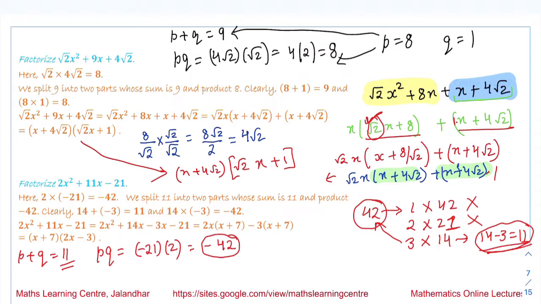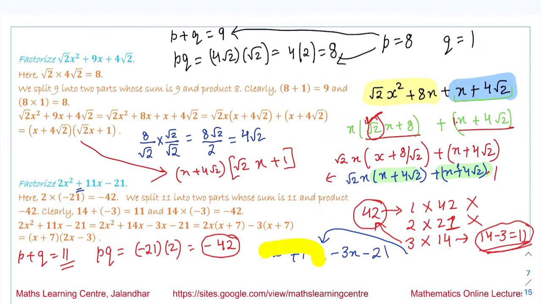So how our question transforms is, it becomes 2x square, then it is positive sign over here, so we write plus 14x, then minus 3x. We are getting this from the value of p and q being 14 and 3. Why minus 3x? Because their product is negative, so we have to consider one of them as negative, but their sum is positive, so the greater number is positive and the smaller number is negative. And the last term is minus 21.